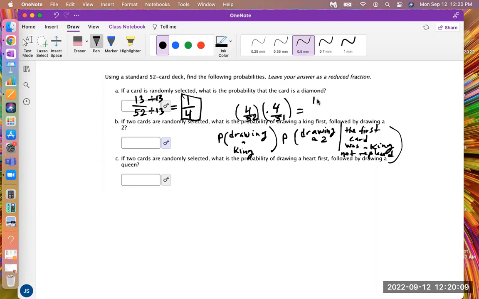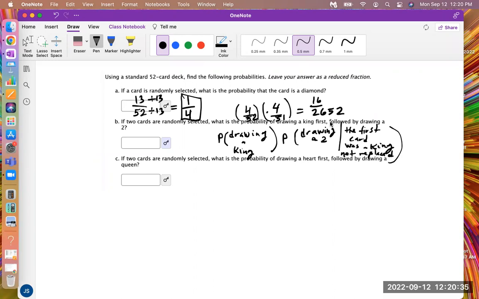So that's 16 over 52 times 51, which is 2652.